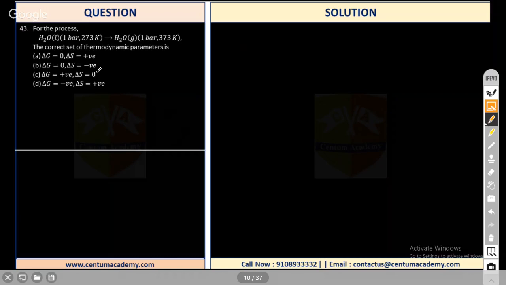Why is it option D? Okay, delta S is positive, fine, because liquid is converting into gas. Why is delta G negative? Is it negative delta G?